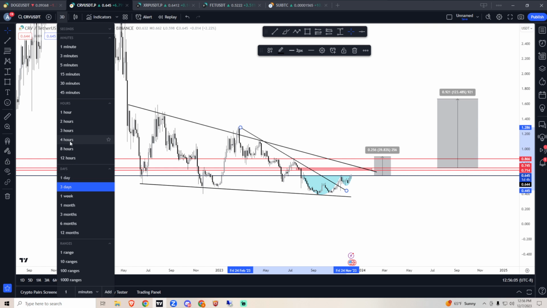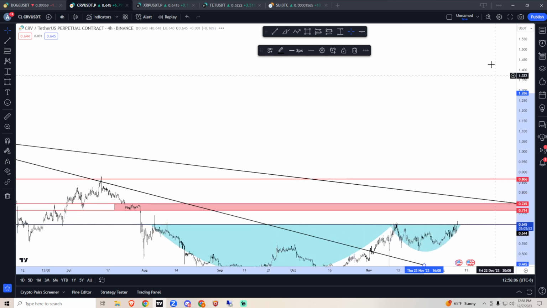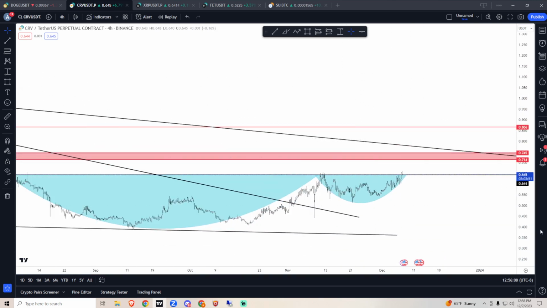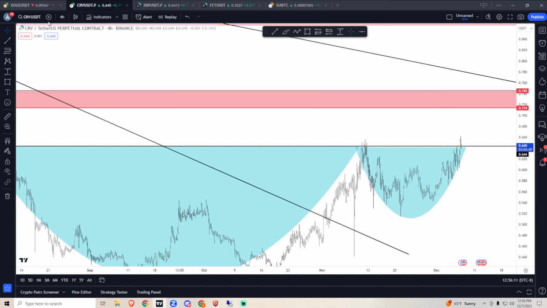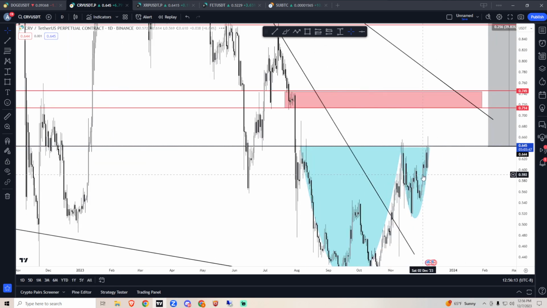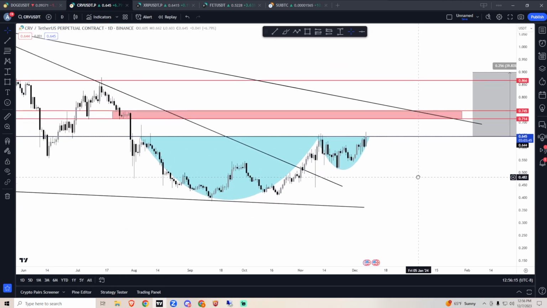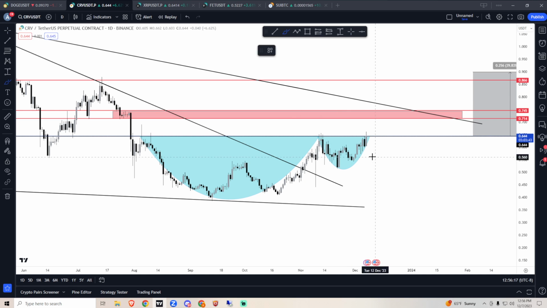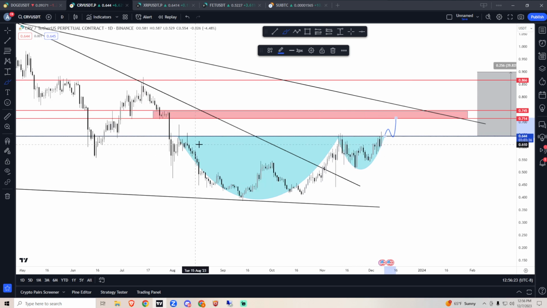Sans a shitcoin. Okay, so I would not long until this is flipped to support, right? So 1, 2, 3, it's getting weaker. This looks like it wants to break out.